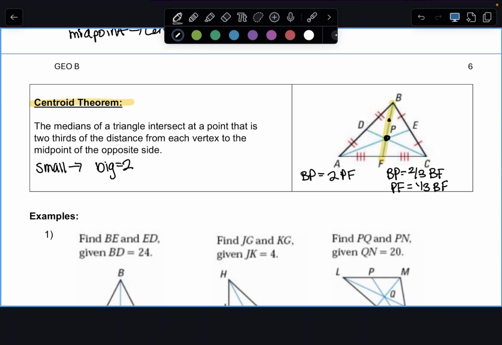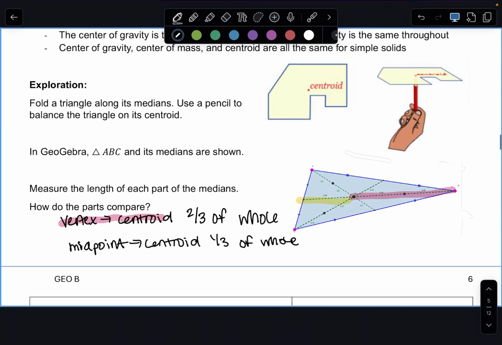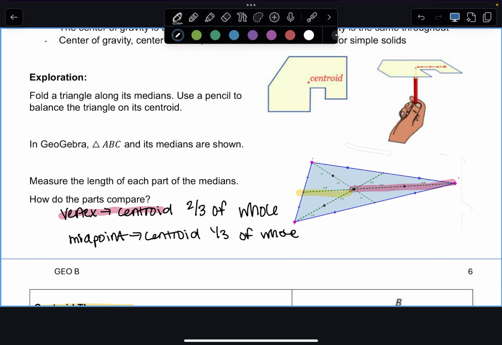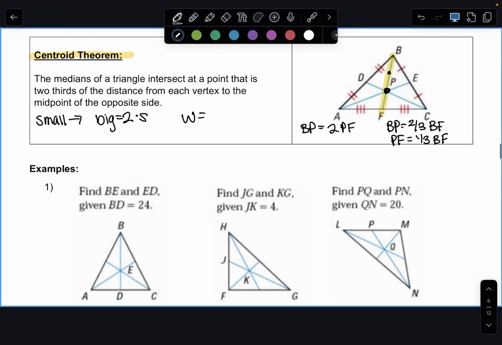So I want you to do 2 times your small piece. And to get to the whole piece, W, let's call it, if we look at our thirds here, here's my small one, and I have 1, 2, 3 of them to get to my big one. So I want you to multiply your small one by 3 to get the whole thing. Okay?